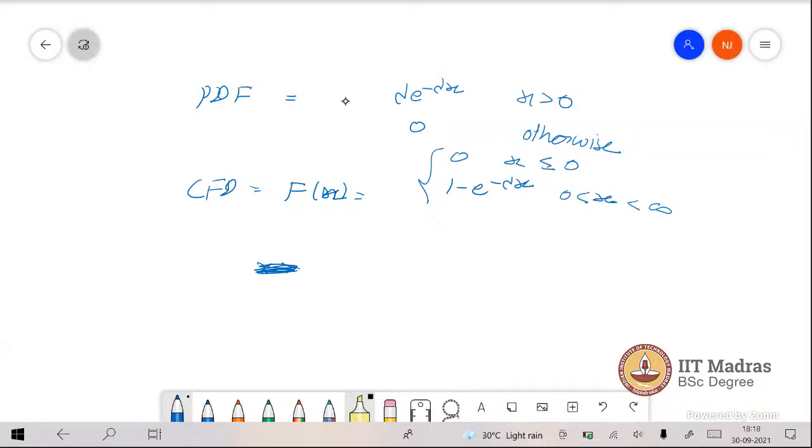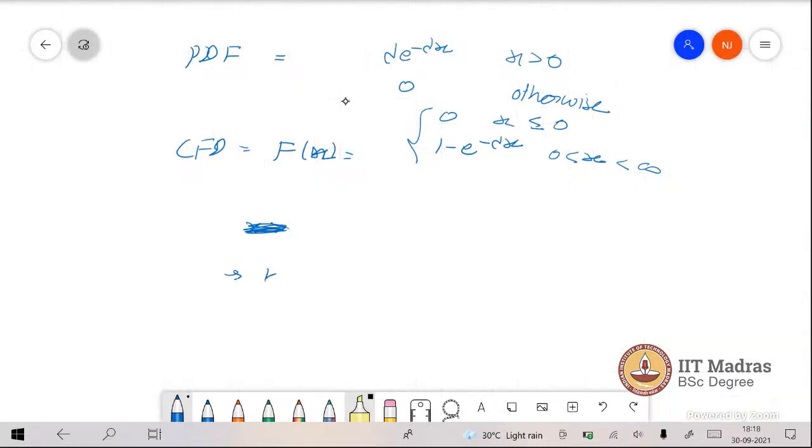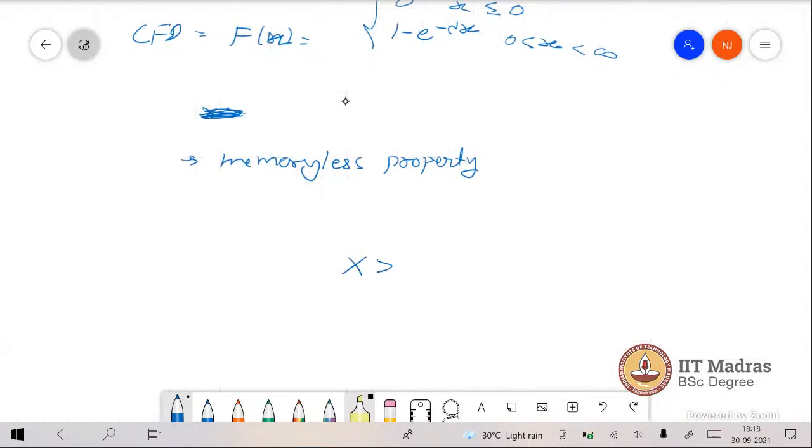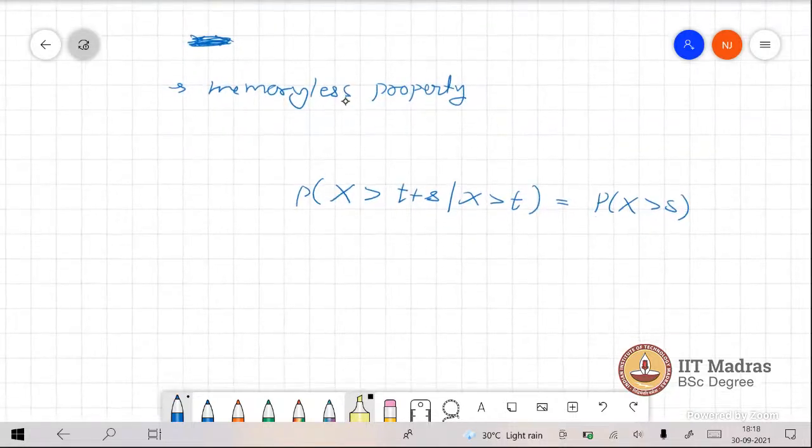In the slides it is given as e power minus t. This property is called the memoryless property. Yes, sir. The memoryless property says that it forgets everything which has already happened. Like, what is the probability that x will be greater than t plus s, given that x is greater than t? It is the same as the probability that x is greater than s. This kind of thing is called the memoryless property.